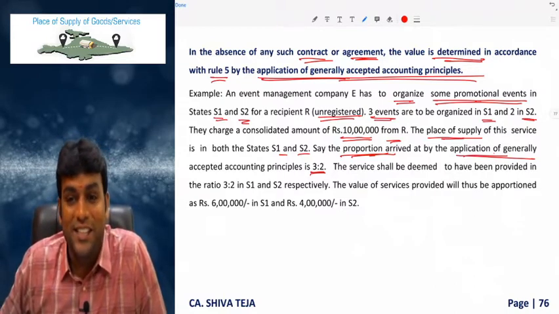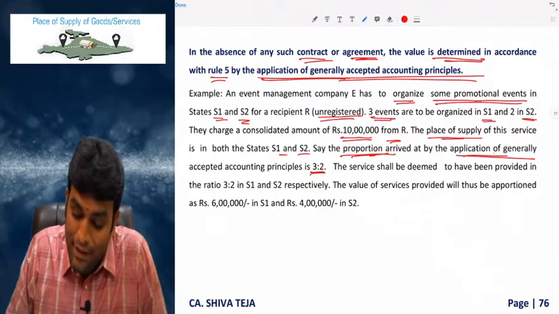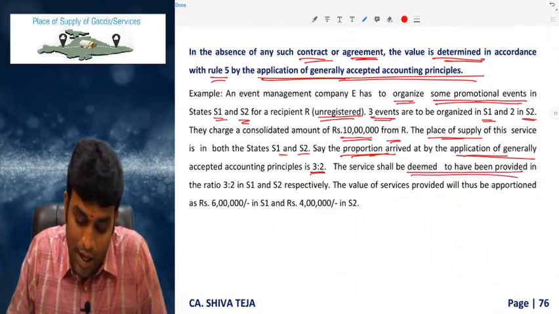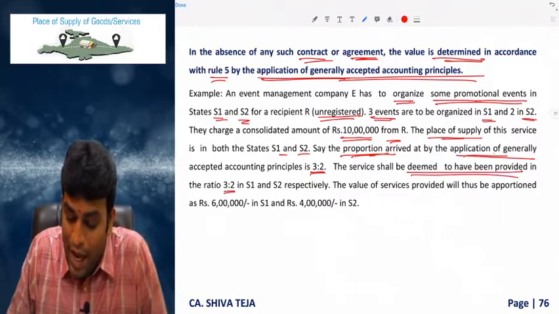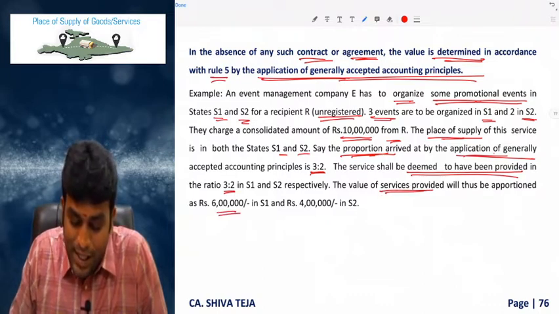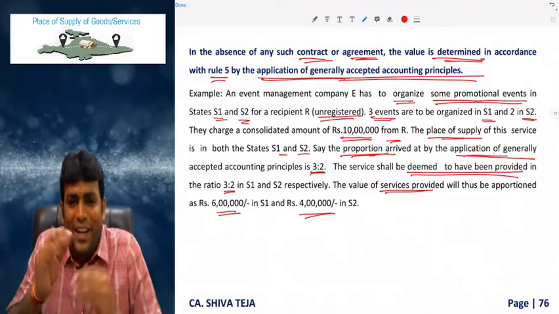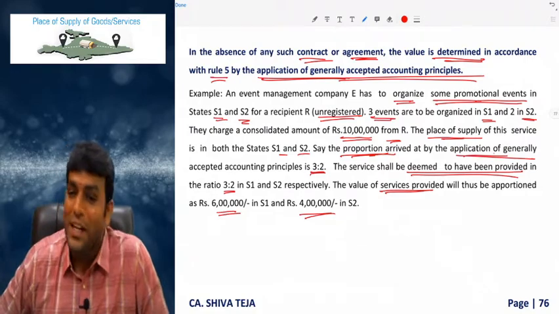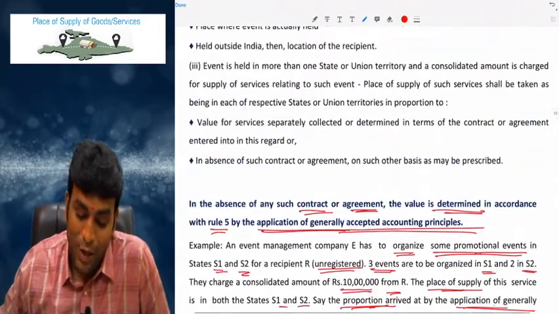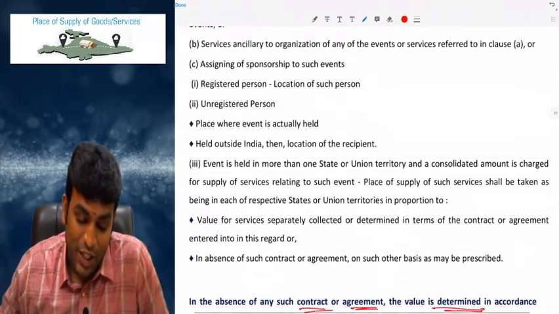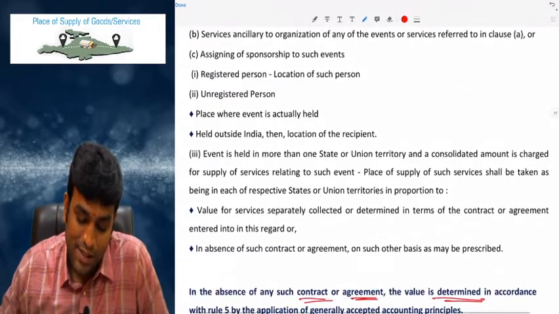Service shall be deemed to have been provided in the ratio of 3:2, and the value of service provided will be 6 lakhs and 4 lakhs. So we divided that 10 lakh rupees in the ratio of 3:2.